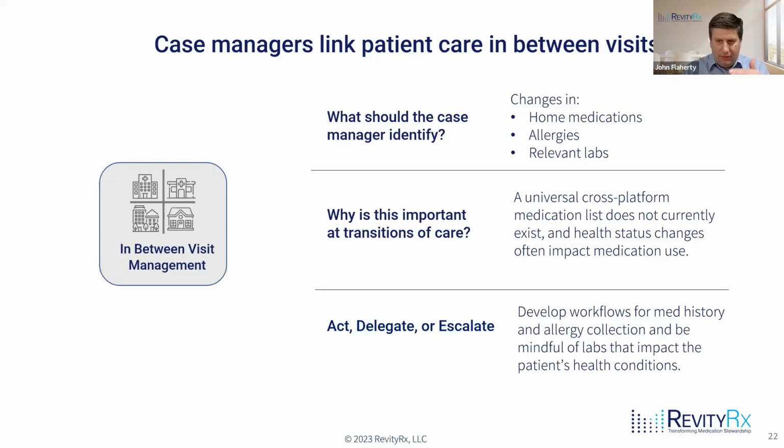So if we think about this in-between visit management in these segments, and if we use, let's say, a patient case example of someone who had their first acute myocardial infarction and is being discharged home, there's a high likelihood they're going to be placed on at least 4 or more new medications.